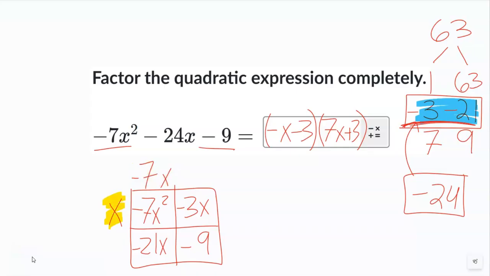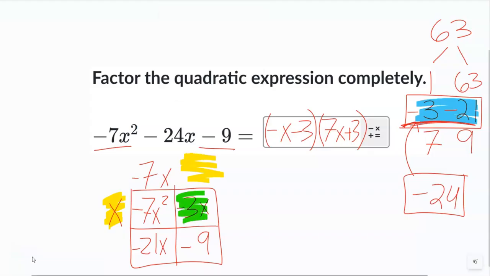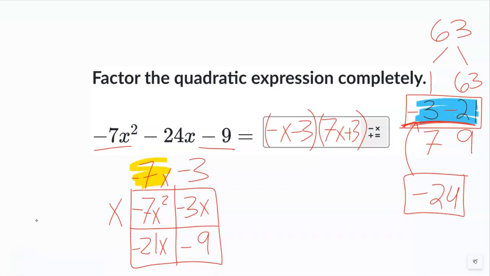X times what equals -3x? Well, it is -3. -7x times what is equal to -21x? That is a +3.